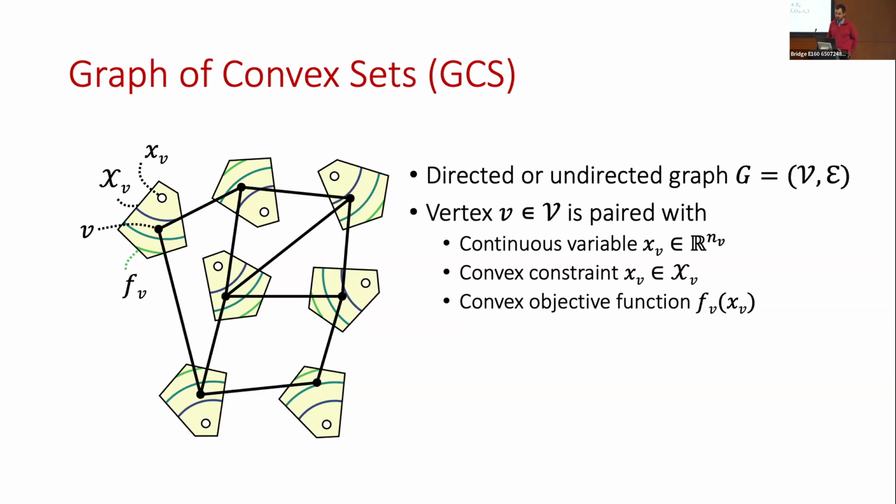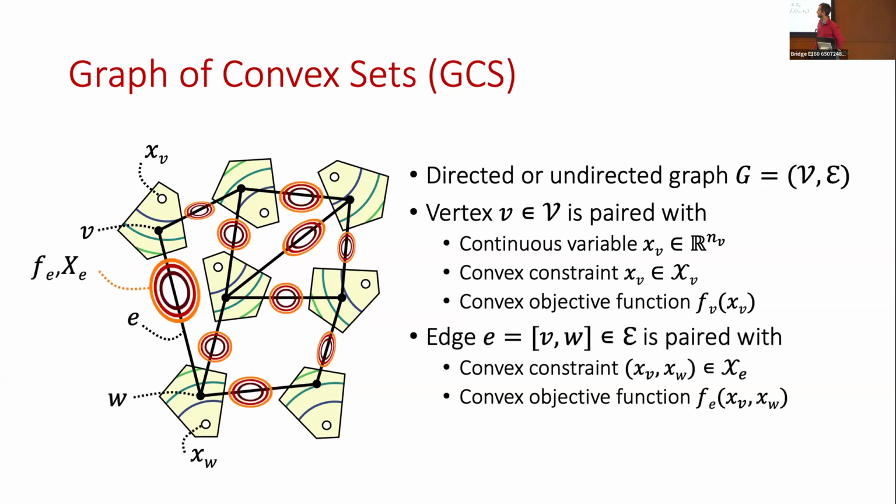Okay. Similarly, on the edges of a GCS, we have convex constraints and convex functions. So if we have an edge that connects a vertex v to a vertex w, which can be a directed or undirected edge, this edge is going to constrain the programs at vertex v and at vertex w to a convex constraint, and the weight of the edge is going to be a convex function of the continuous variables.